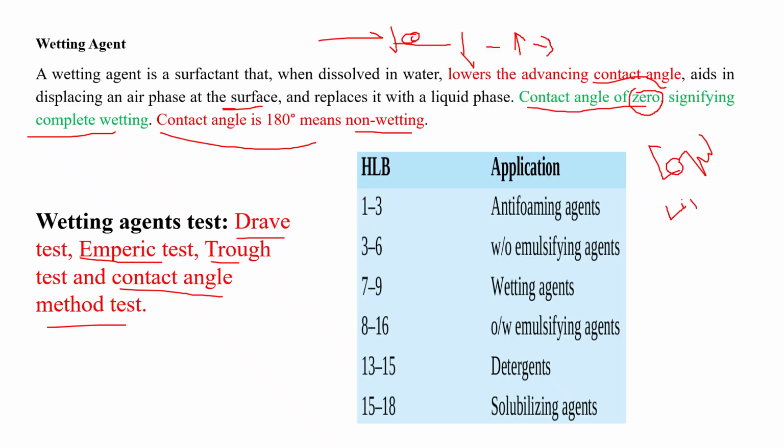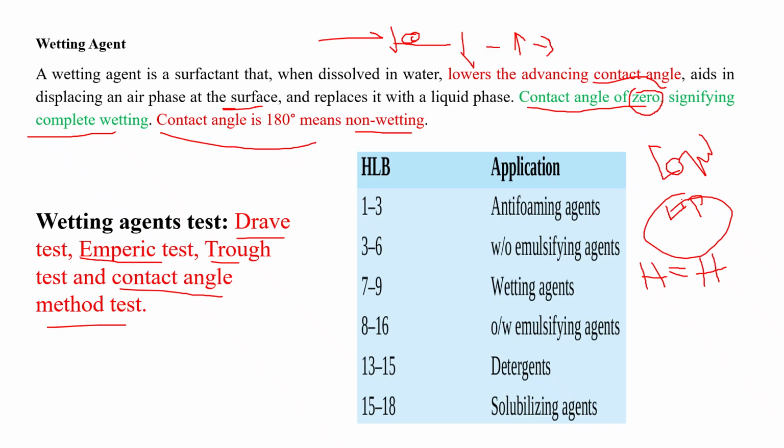If the value is high, H for high, H for hydrophilic. So if the HLB value is high, it will be hydrophilic; if low, it will be lipophilic in nature. You have to remember these two points.